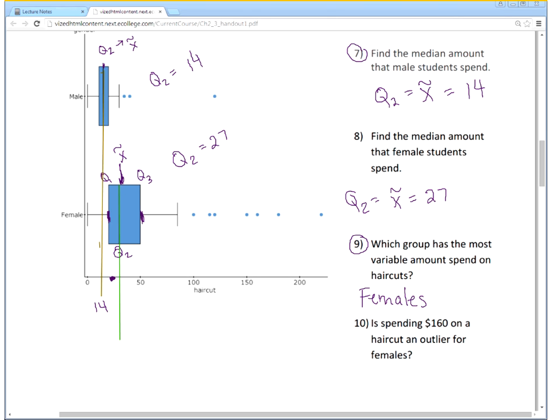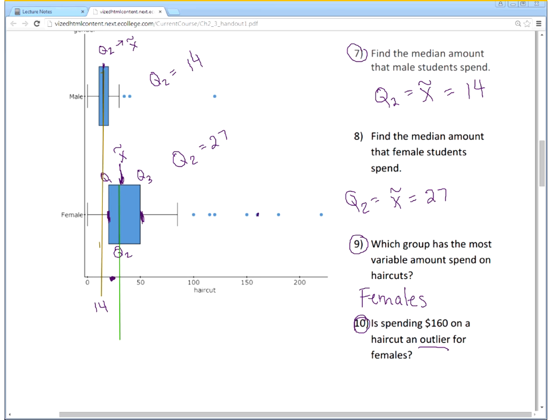All right, and so the last question I have here, it looks like a last question. I think there might be one. Yeah, there's one more. It doesn't appear on here. This one asks about whether we have an outlier. Now, because it's a modified box plot, 160 is right there.